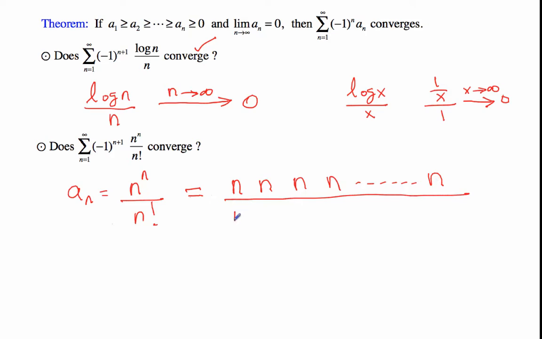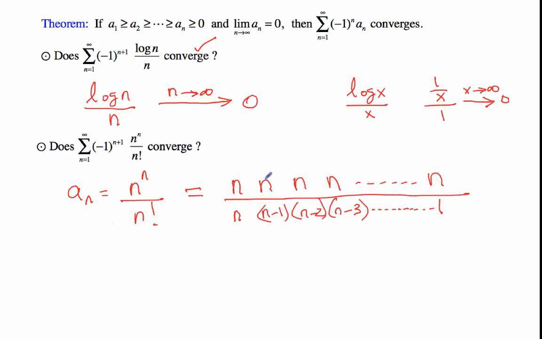So n factorial is n into n minus 1 into n minus 2. So wherever there's an n, we'll put something below that. And finally, it comes down to 1. So there's the same number of numbers above as below.